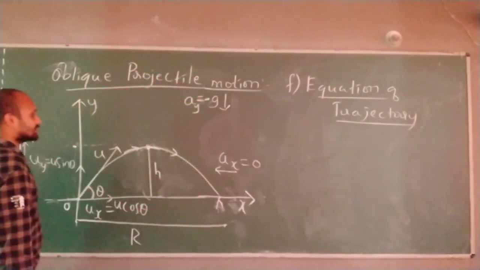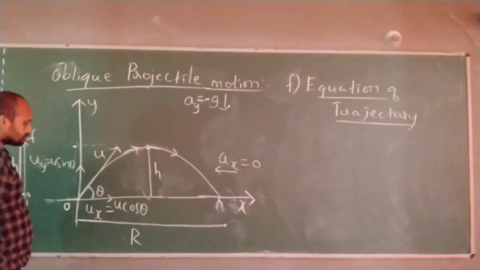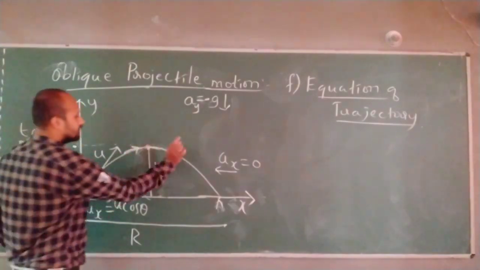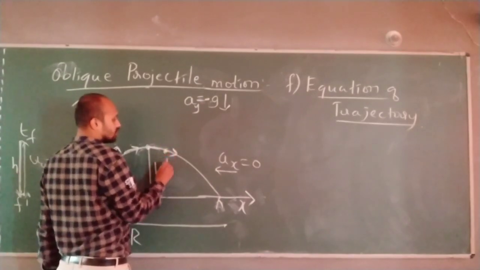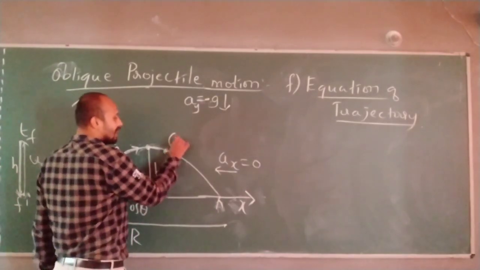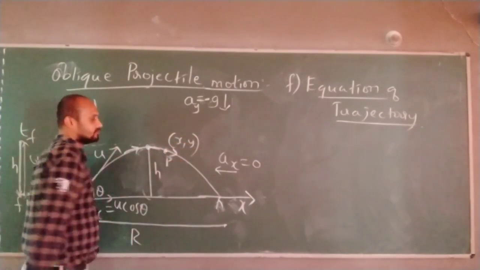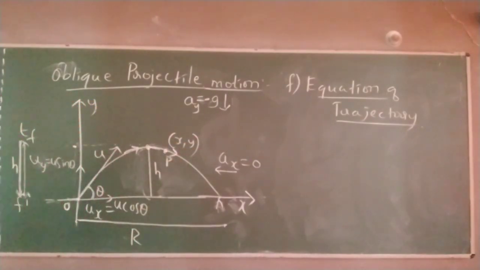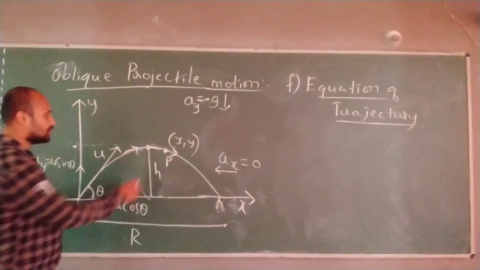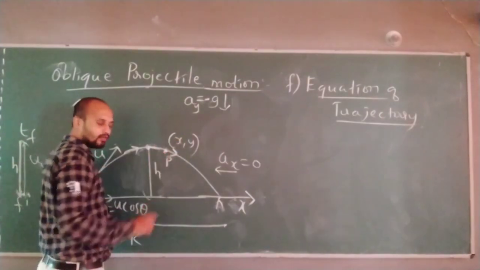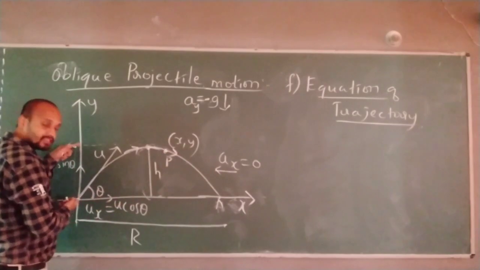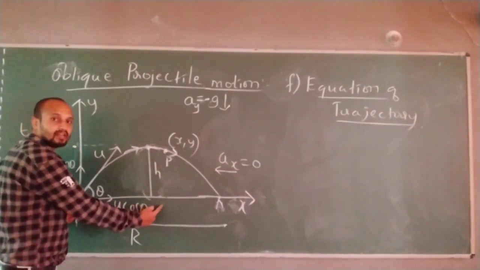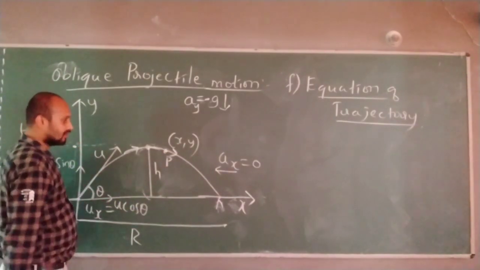Equation of trajectory. Let me consider a point P having position x comma y. What do you mean by this x comma y? x is the x distance and y is the y distance from the origin.